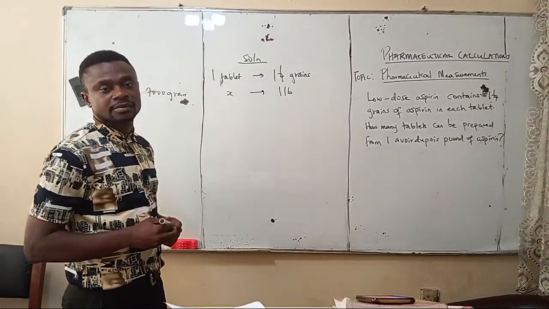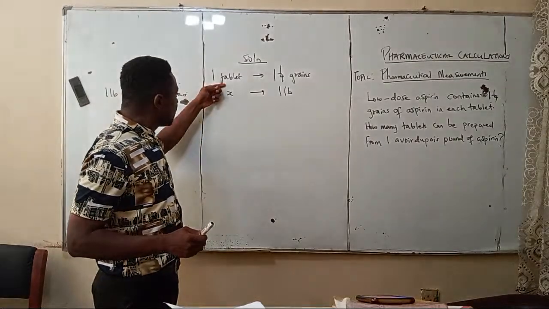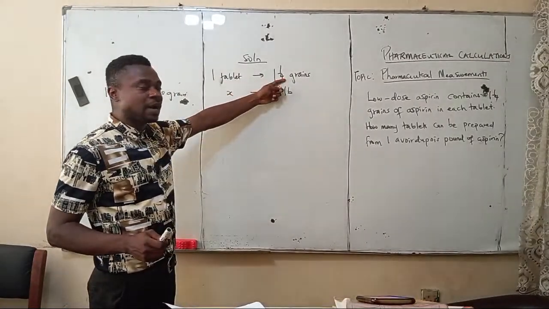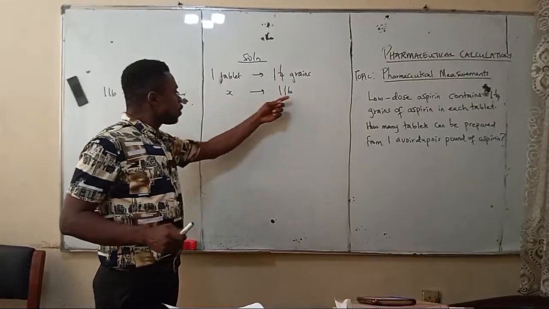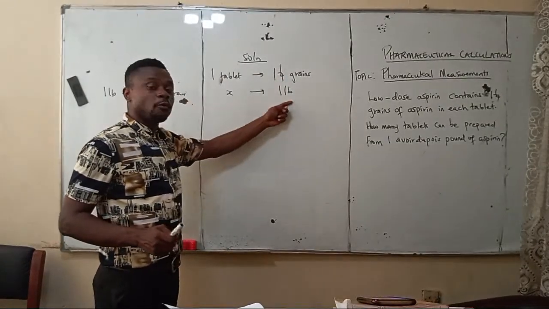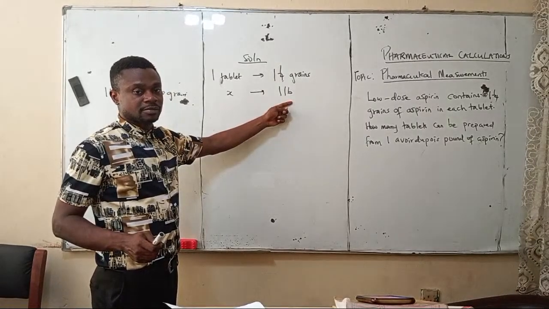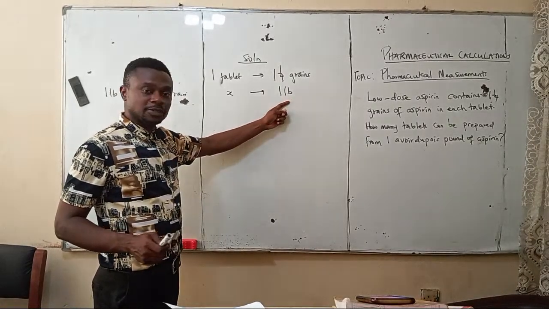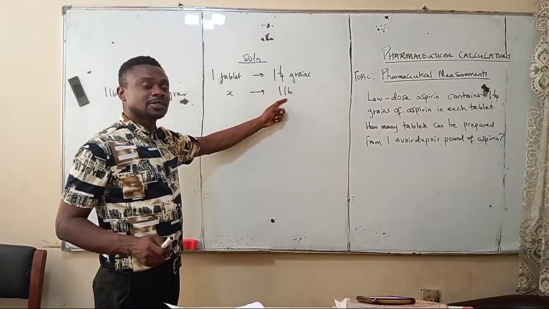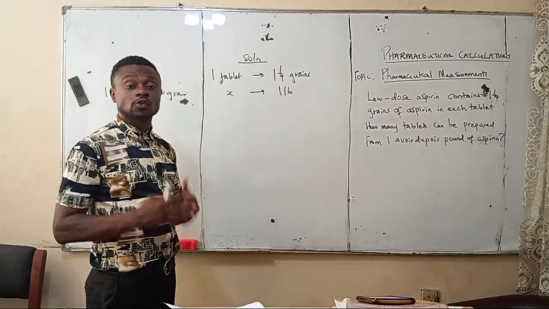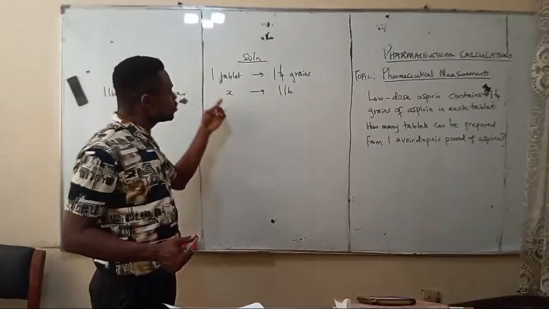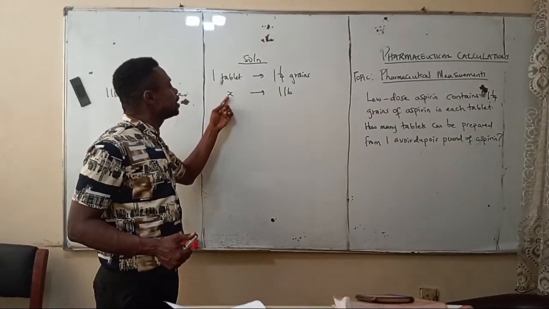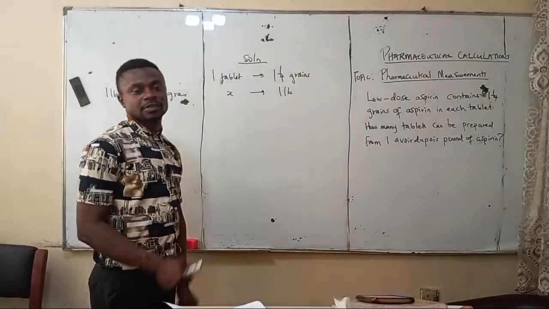Tablets. 1 tablet has 1/4 grains. How many tablets can be produced from 1 avoirdupois pound? This pound and this grain, they are measures of what? Weight.